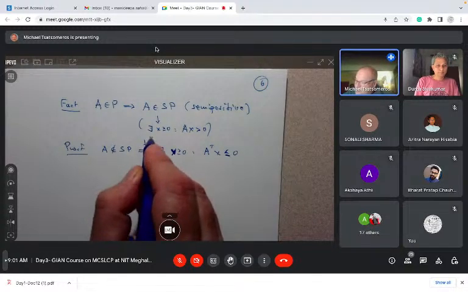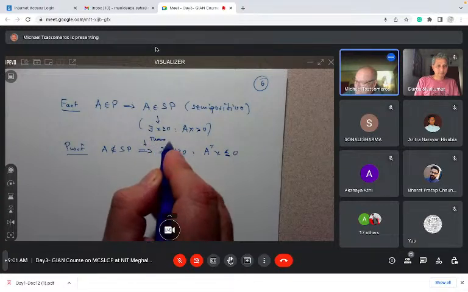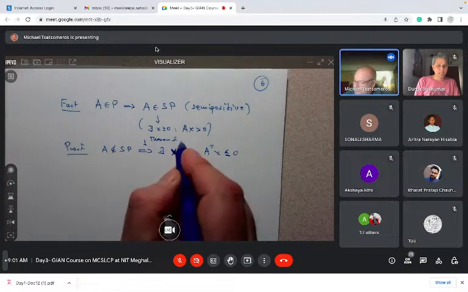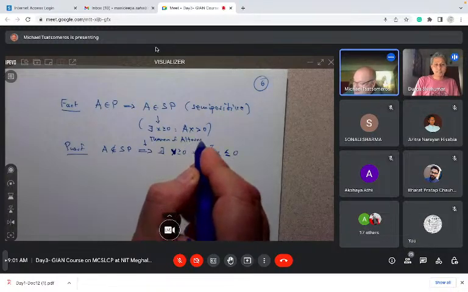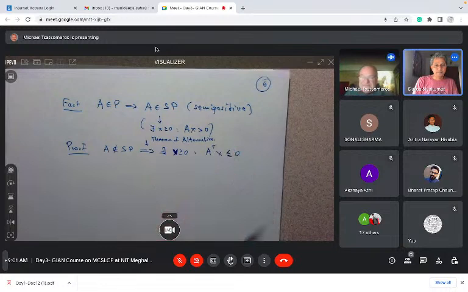That's a theorem. It has a name, but I don't remember it now. Stiemke's theorem. Okay, very good.